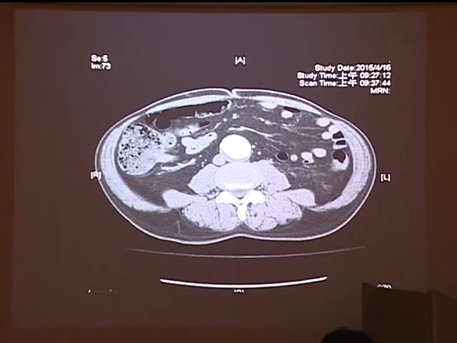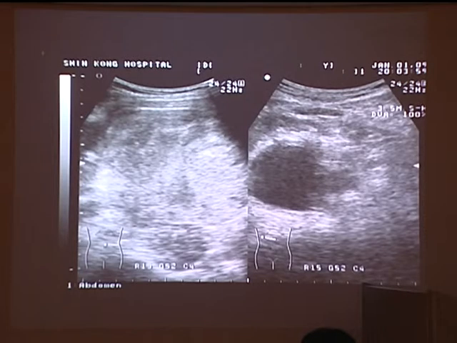So be aware that I scan the aorta of every old patient, maybe 50 years or older, if he has flank pain or abdominal pain, just like this. Okay, that's the final one.